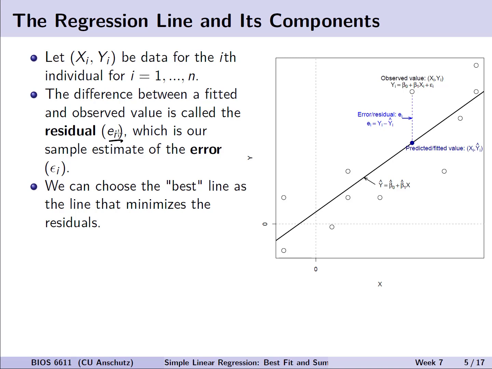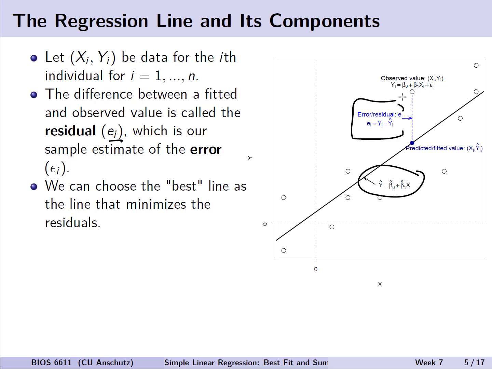And so we have this figure on the right-hand side where we can note a few different things. We have our y hat equals beta naught hat plus beta 1 hat x regression line formula. So that's just the solid line we see across the screen diagonally. And it's approximately trying to balance the error or residual term that we're measuring here in blue.